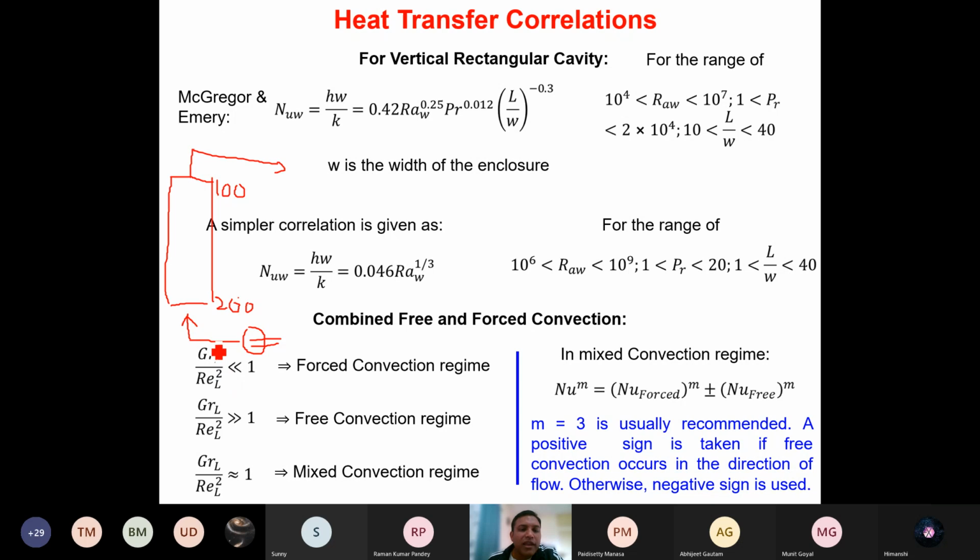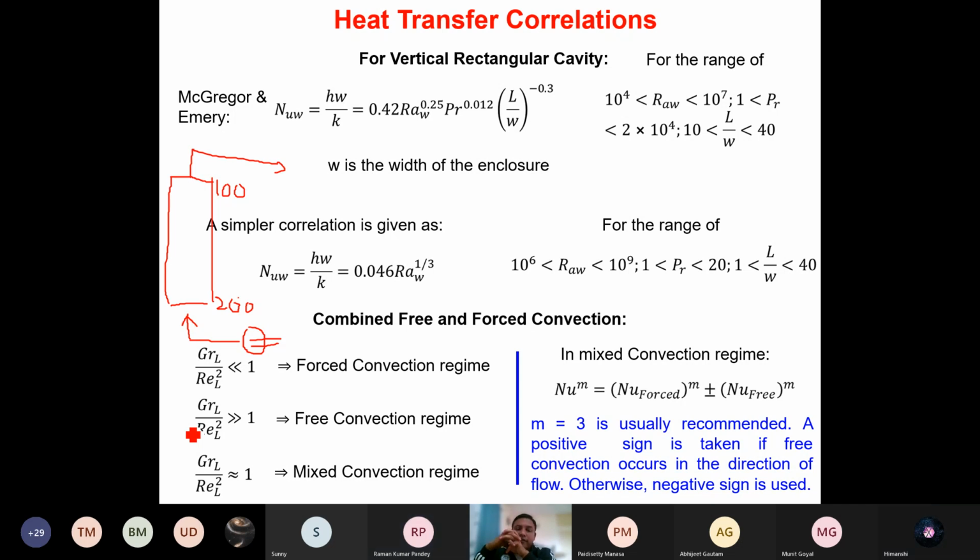If this ratio, Grashof number divided by Reynolds number squared, is very, very high, what does it mean? It means free convection is dominating over forced convection.